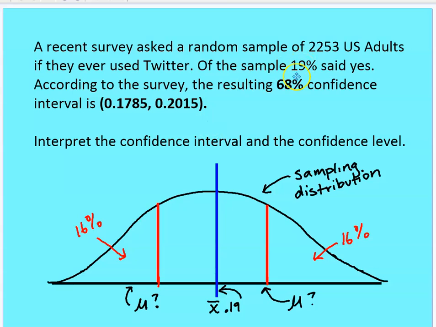All right, so a 68% confidence level or interval would result in narrowing the band or making that interval smaller, not wider.